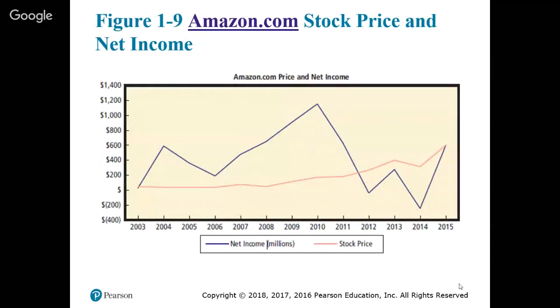Another thing that's really interesting is Amazon.com's stock price. Amazon.com is one of the largest e-commerce companies in the world, selling products and services and conducting business online. In 2015, its stock price was $600 per share.